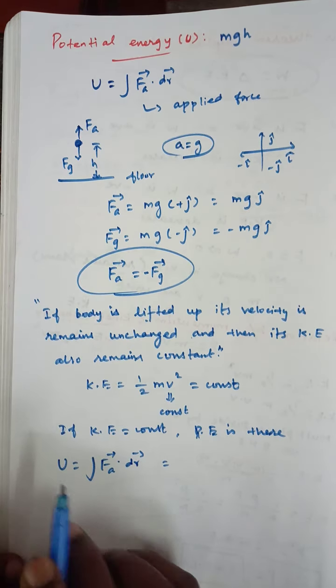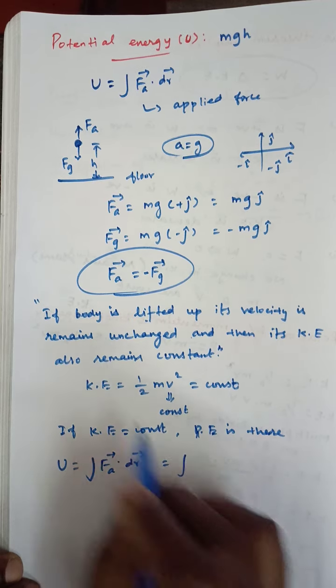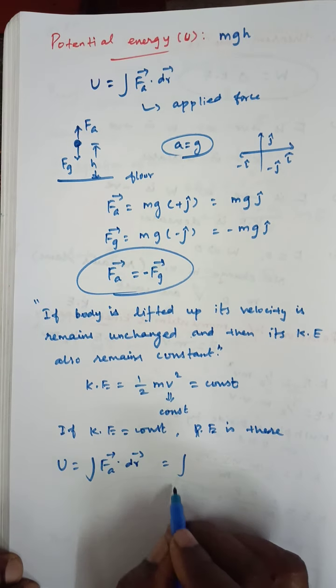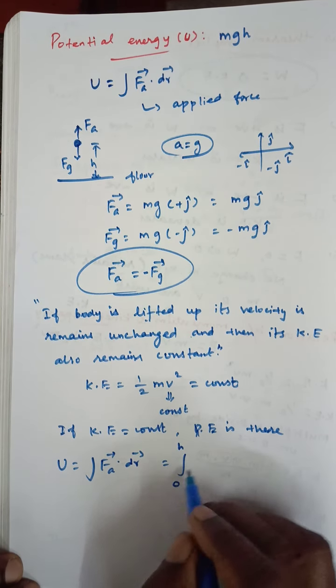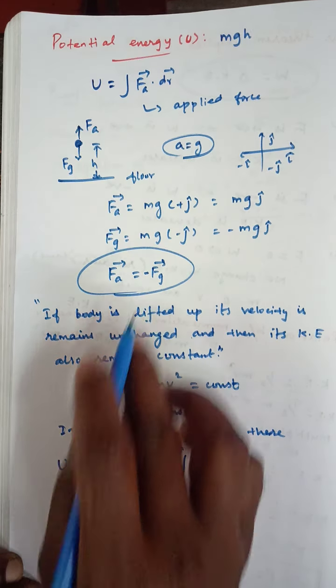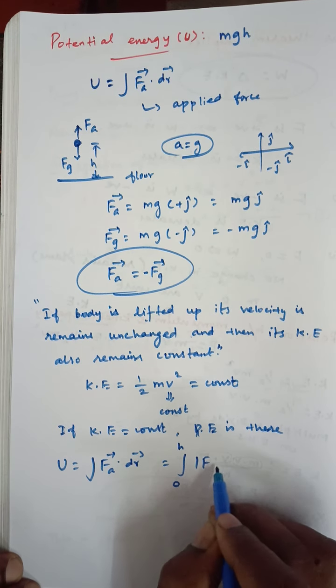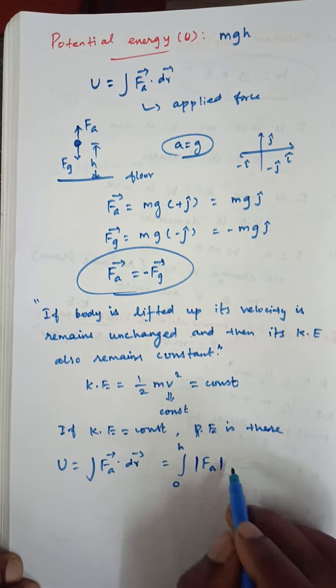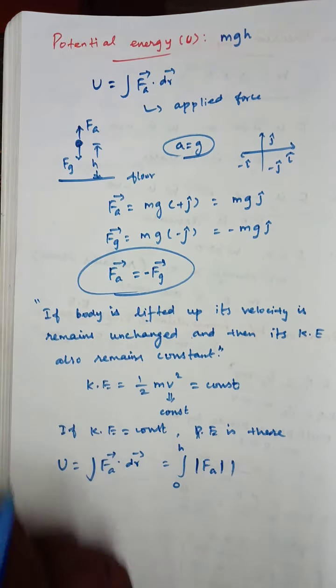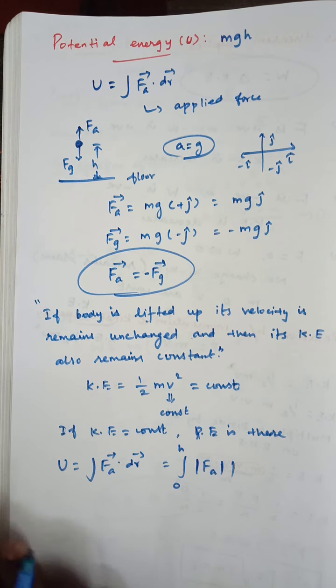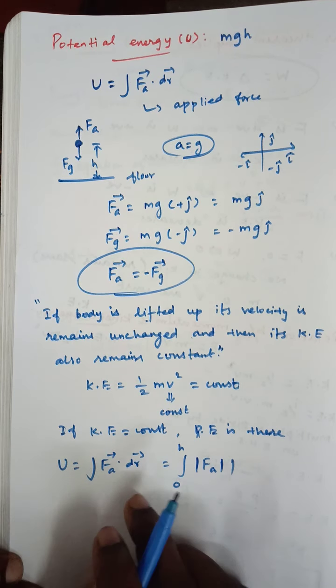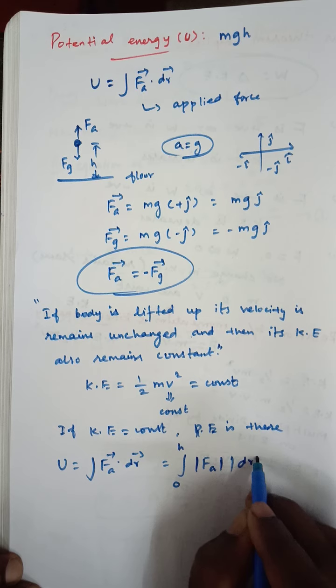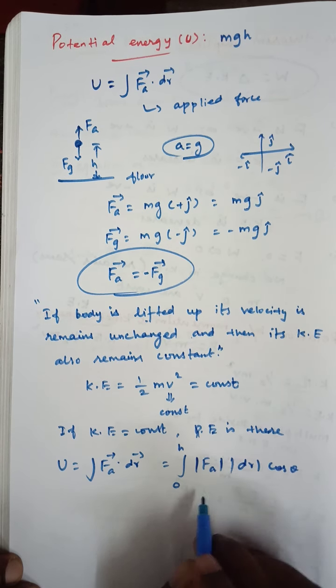We have to write the limits from 0 to a certain height, so 0 to h. Then Fa became minus also, so you put the modulus, so modulus of Fa, considering both plus and minus. Then dr along this direction, horizontal, means you write dr into cos theta.